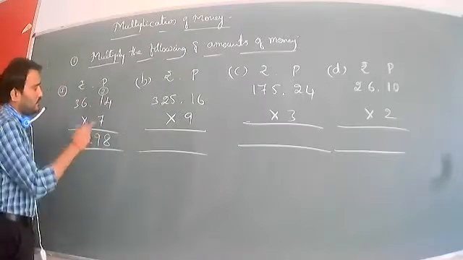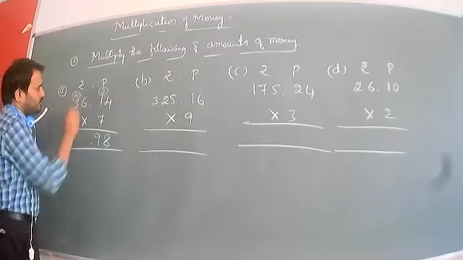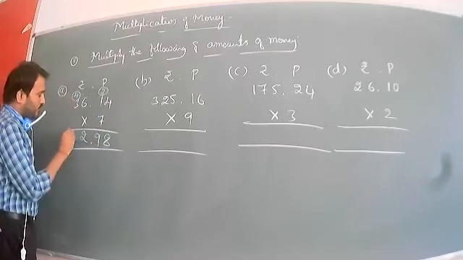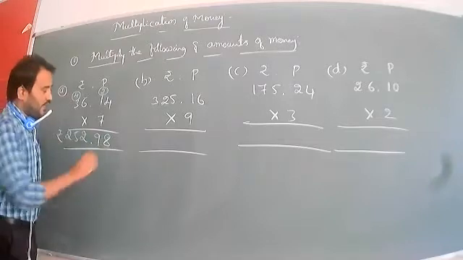Next, 7 sixes are 42, 4 carry. 7 threes are 21, 21 plus 4 is 25. 252 rupees 98 paisa.